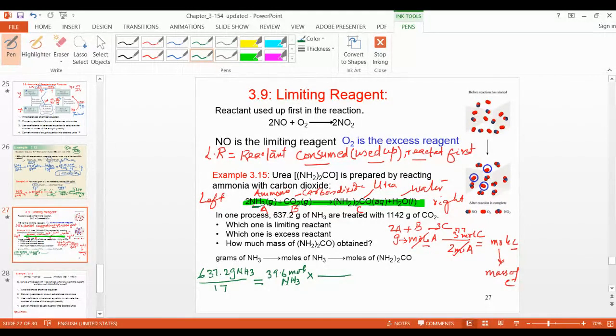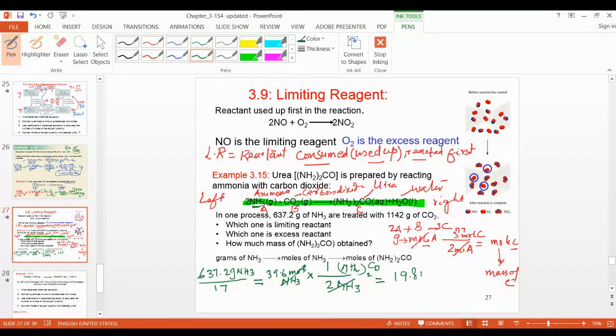So we should always write it down. And what we have to determine, we write on the top, and the top is urea, NH2 whole twice CO. How many moles from the equation? This is 1 mole, ammonia is 2 moles. Now you multiply, and the ammonia will cancel. 39.6 multiplied by 1 divided by 2, you will get 19.8.